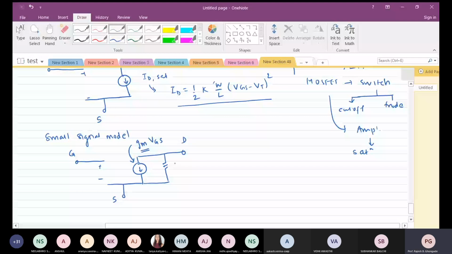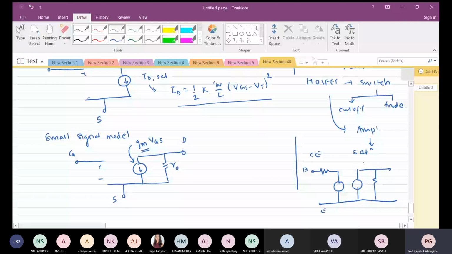Do you remember the H parameter equivalent circuits or models? Specifically for the transistor in common emitter, we had something like HIE, then we had HOE, 1 by HOE. Very good. So I hope you remember these things. This is common, this is emitter, this is base, and this is collector.